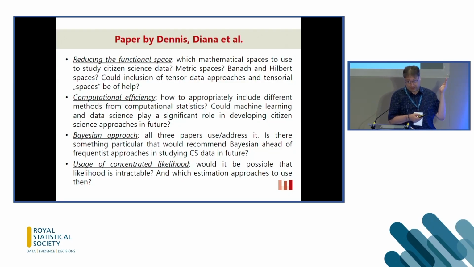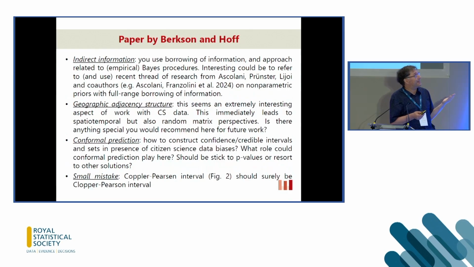The usage of concentration likelihood in your cases is partly related in a Bayesian context to intractable likelihood, so different types of data need different estimation approaches. Could it lead to intractable likelihoods, and could approaches that we know also be used in this case?